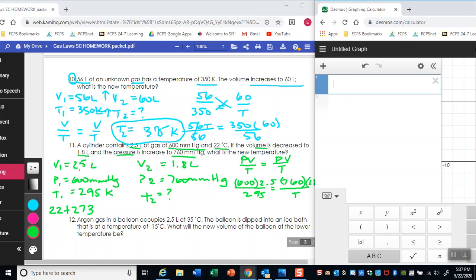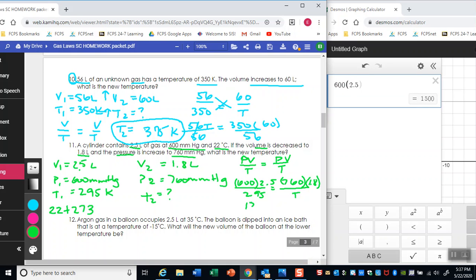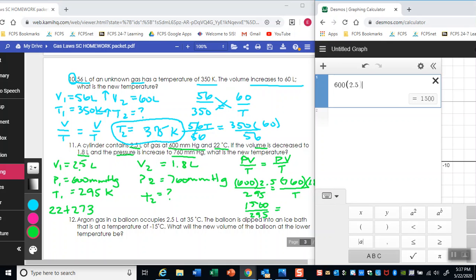I'll get 600 times 2.5, and that gives me 1500 over 295 equals, and then what's 760 times 1.8? It is 1368.